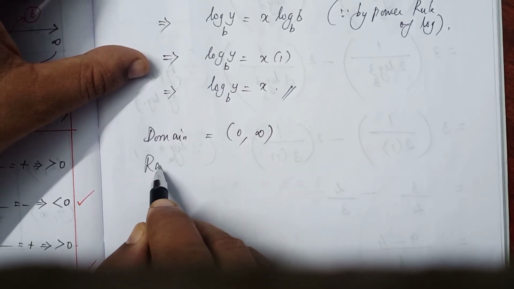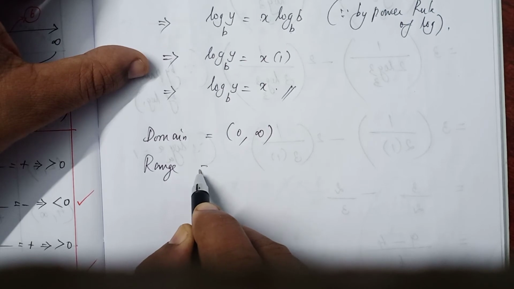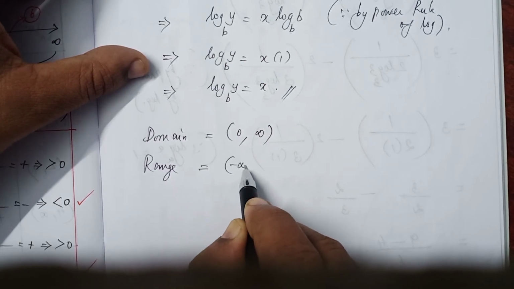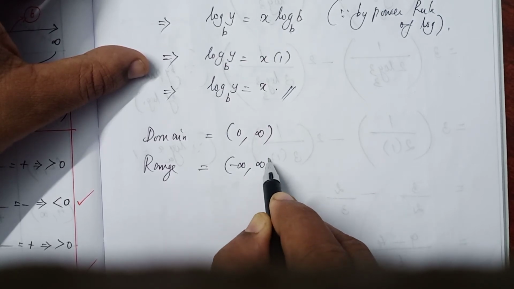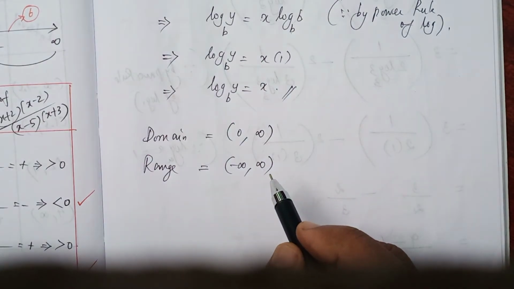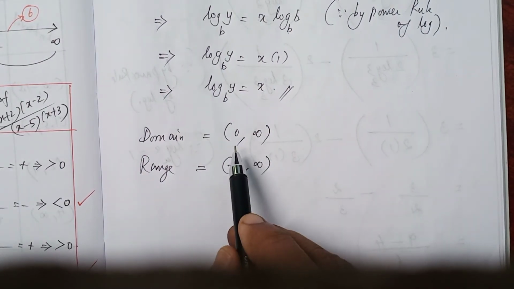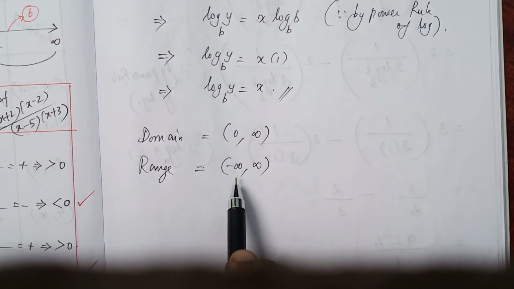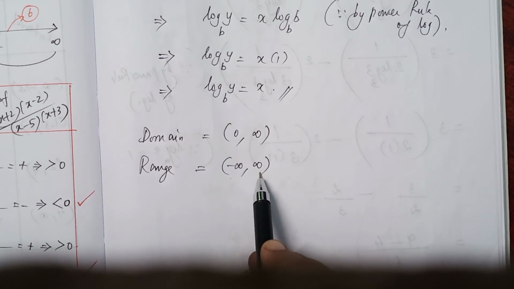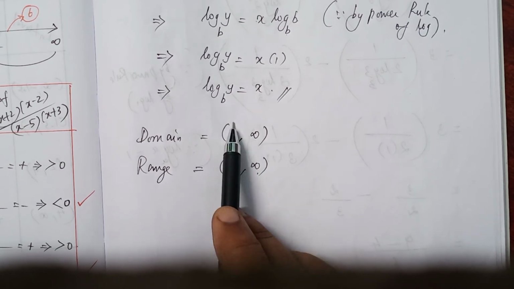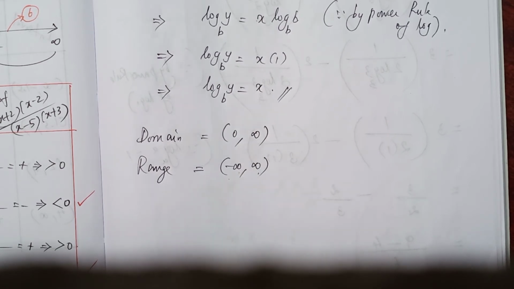And the range lies between minus infinity and plus infinity. These are the logarithmic values, whose range is between minus infinity and infinity. So domain and range. I draw the diagram.